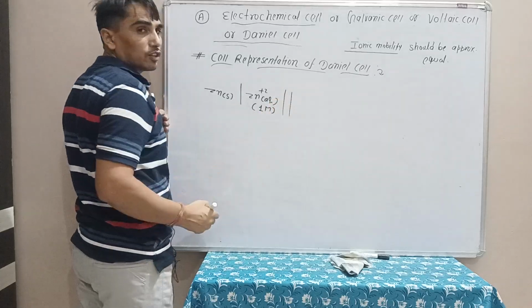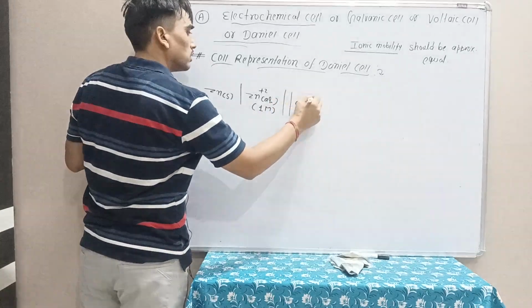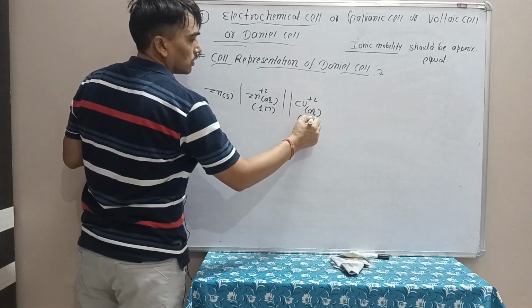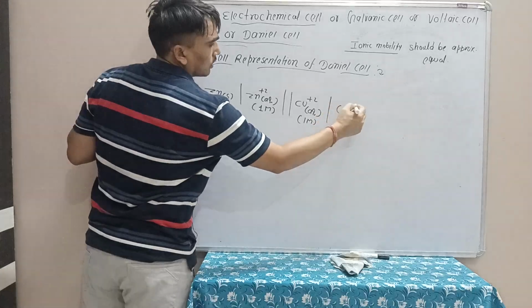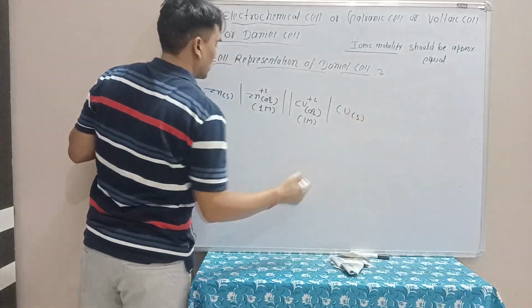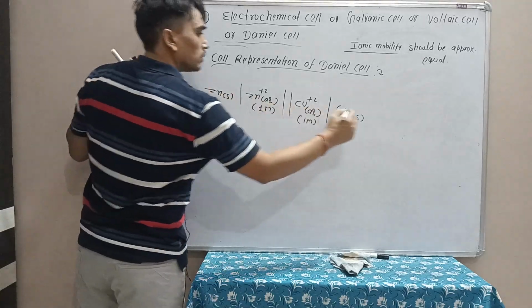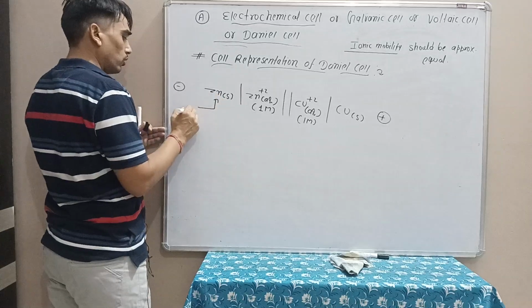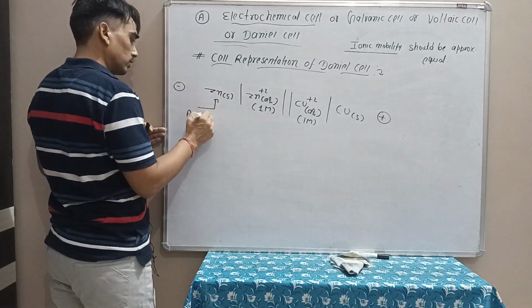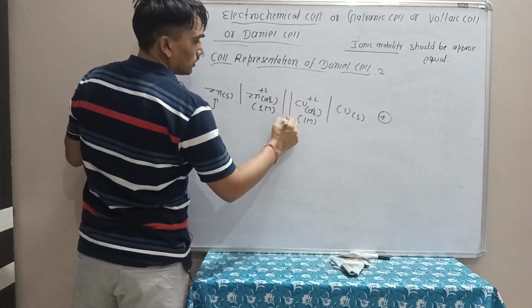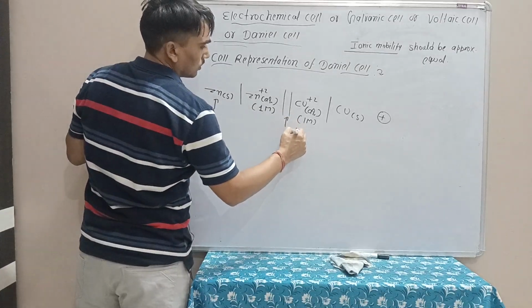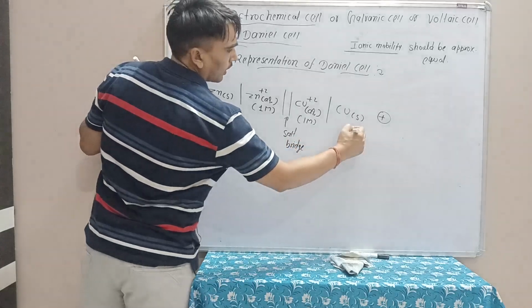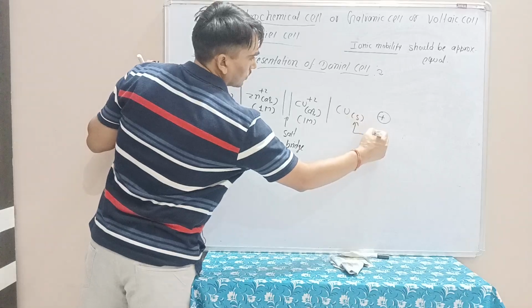These two lines represent salt bridge. This represents anode. This is salt bridge. And this is cathode.